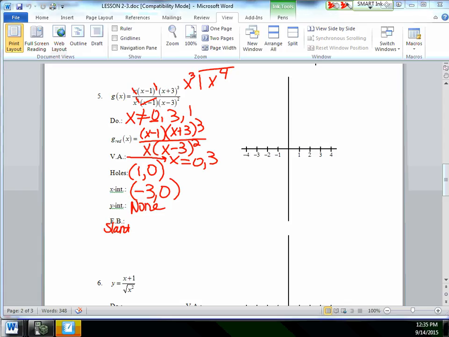I'm not foiling everything out, but just to kind of let you see, we know that would happen once. That gets me x to the fourth. Then I would negate, and then my next term would be my cubed.